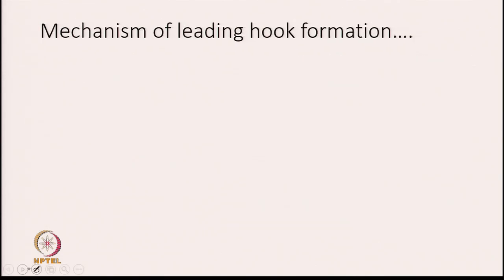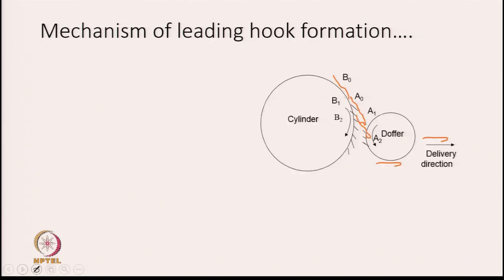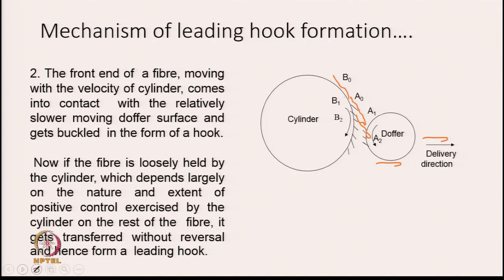Then we go to the mechanism of another theory for the formation of leading hooks. It shows that the front end of a fiber moving with the velocity of the cylinder comes into contact with the relatively slower moving Doffer surface.